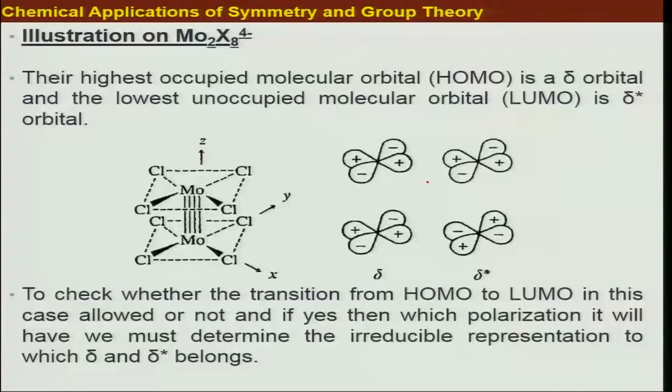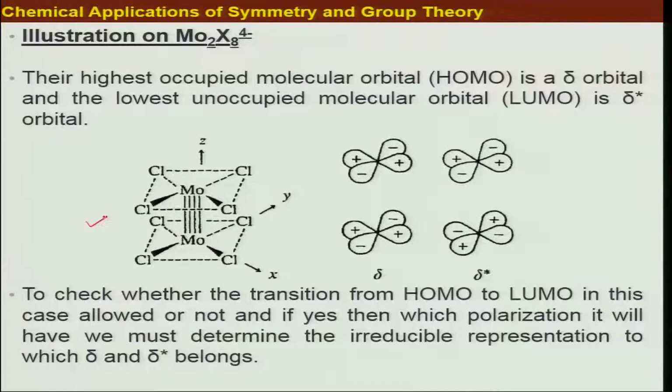So if we look at the example of a particular molecule, which is a dimolybdenum complex of a ligand as simple as chloride. For this particular molecule, whose structure is shown here, the highest occupied molecular orbital or HOMO is a delta type orbital, and the lowest unoccupied molecular orbital or LUMO is a delta star type orbital.